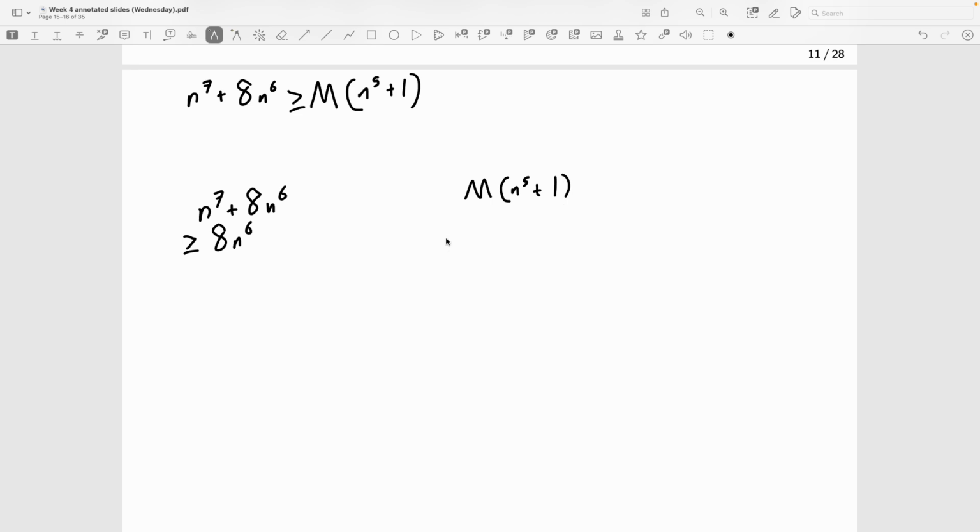Now here, in order to get an expression that fits between the two sides of the original inequality, I want something that is greater than m times n to the 5 plus 1. So I'm going to use the rounding up trick that's appeared in a few examples previously.